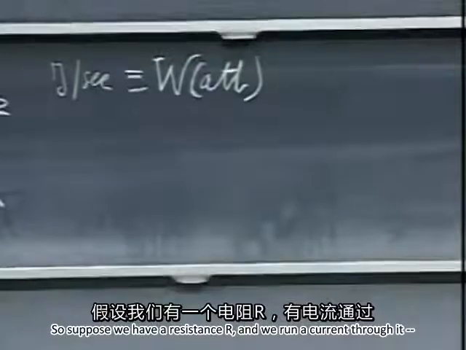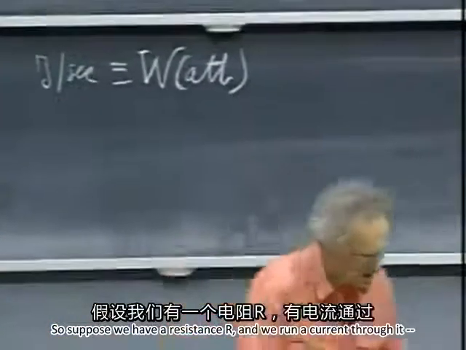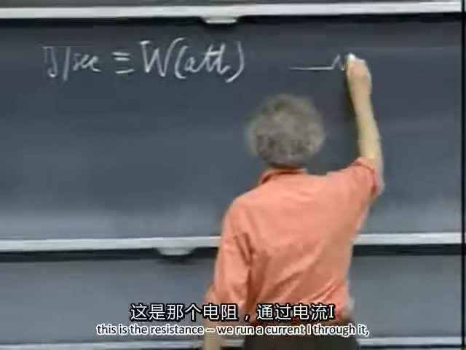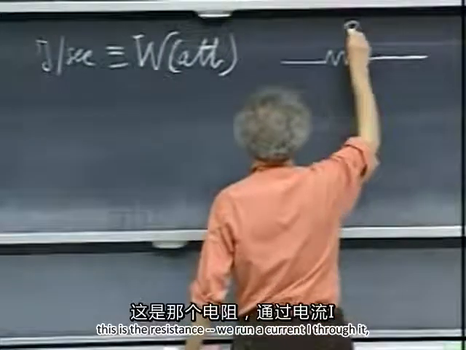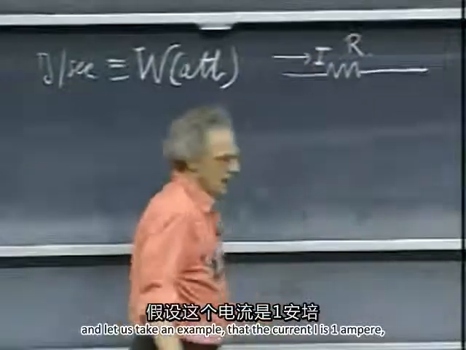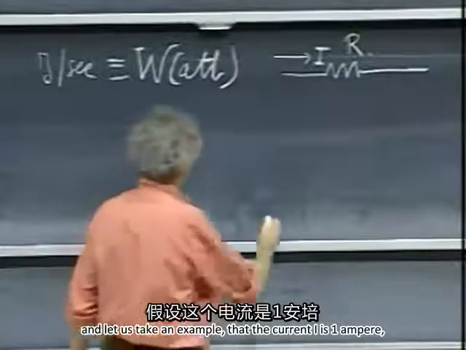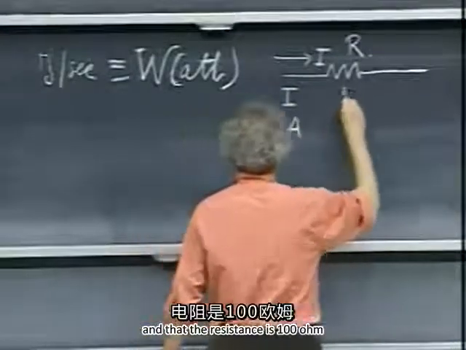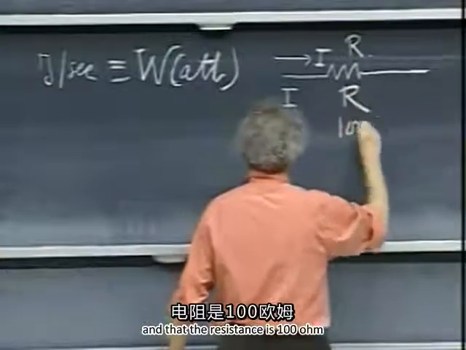So suppose we have a resistance R, and we run a current through it. This is the resistance, and we run a current I through it. And let us take an example that the current I is 1 ampere, and that the resistance is 100 ohm.